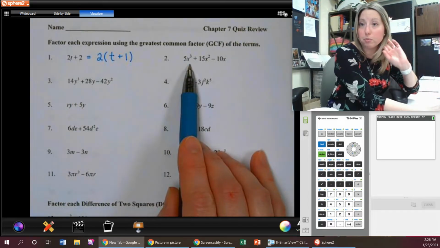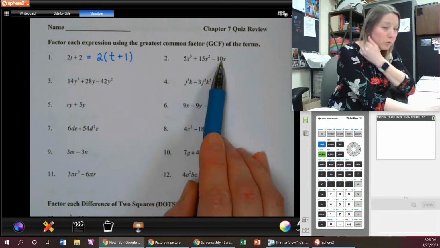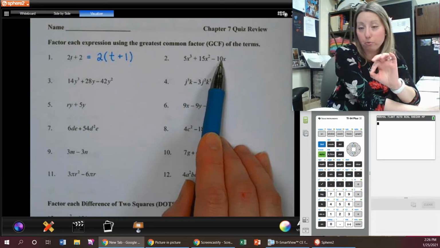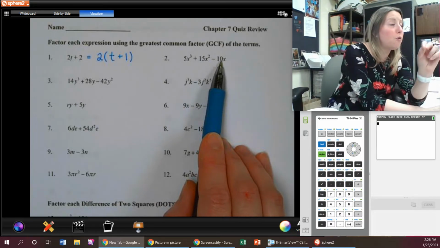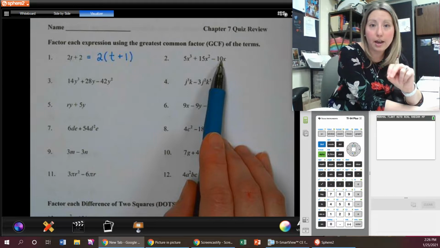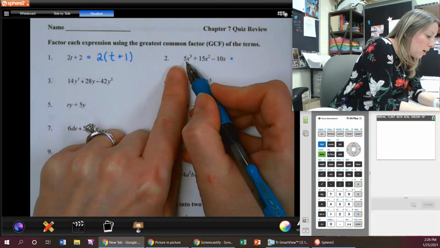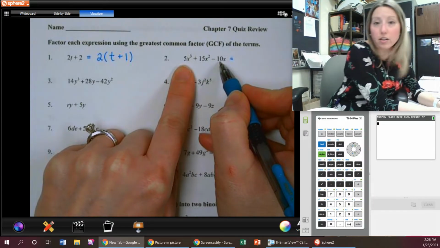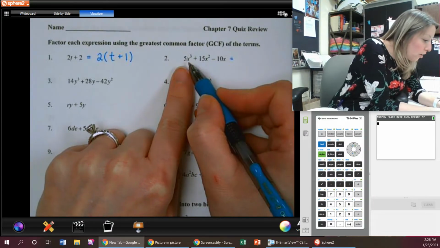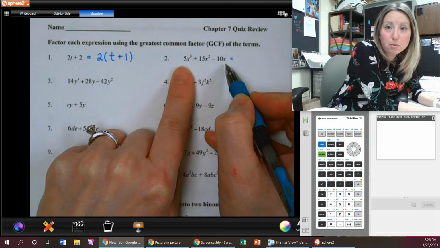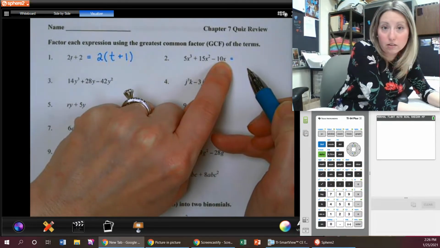Let's do that again. This time we got 3 terms here, right? 1, 2, 3 terms, a trinomial, but I know I'm GCF factoring. So I'm looking for what do all 3 terms have in common? And all 3 terms have a 5. They're all evenly divisible by 5. And all 3 terms are able to be divided by a single x.